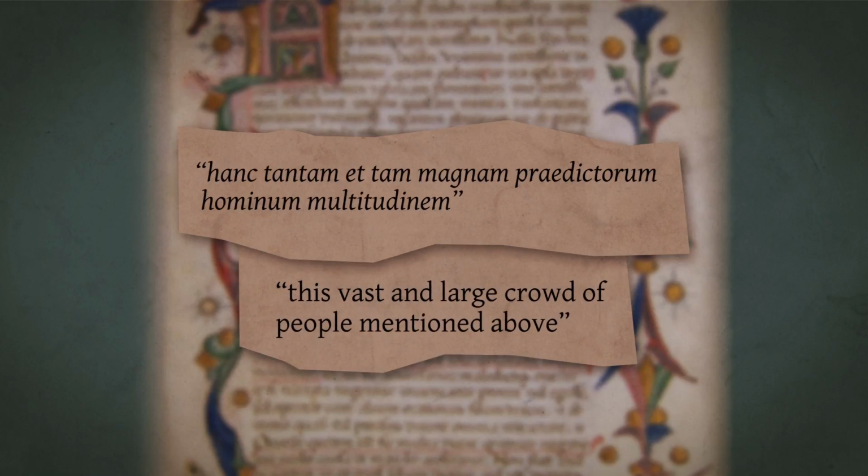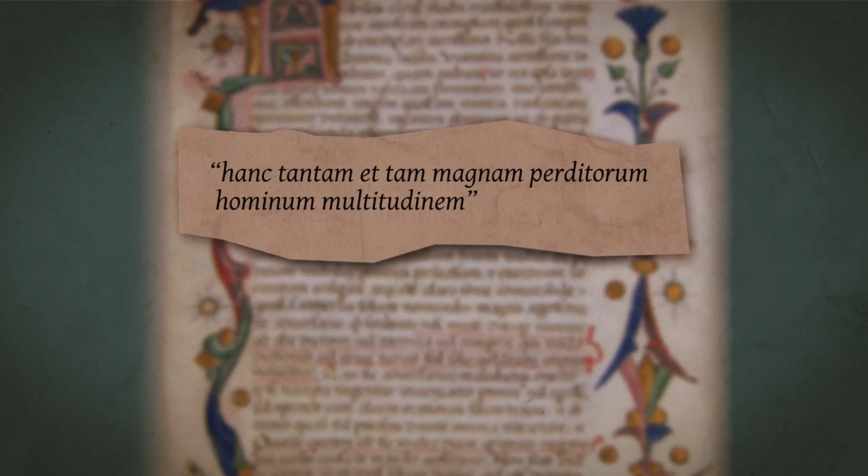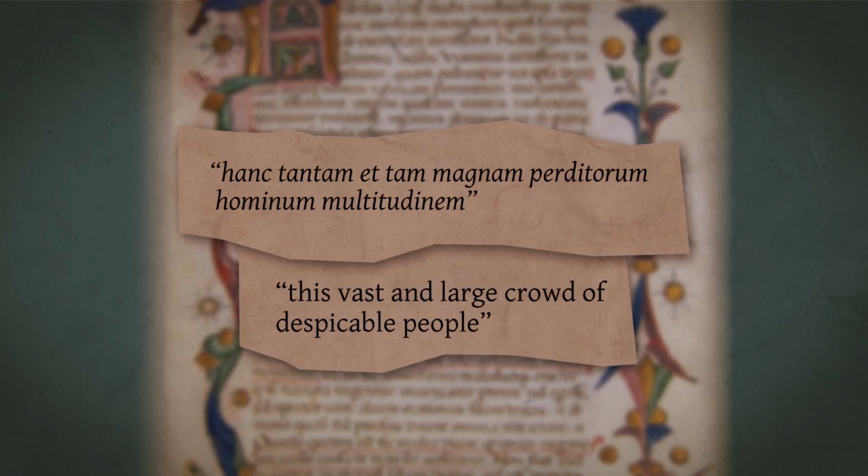this vast and large crowd of people mentioned above, manuscripts U and V are the only ones to report the following Lectio Difficilior, a more difficult reading and as such more likely to be authorial than a so-called trivialization or Lectio Facilior. Quote, "Hanc tantam et tam magnam perditorum hominum multitudinem," that is, this vast and large crowd of despicable people.